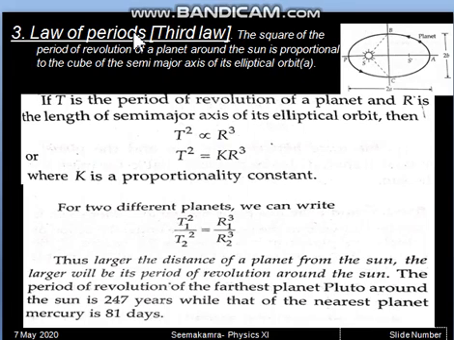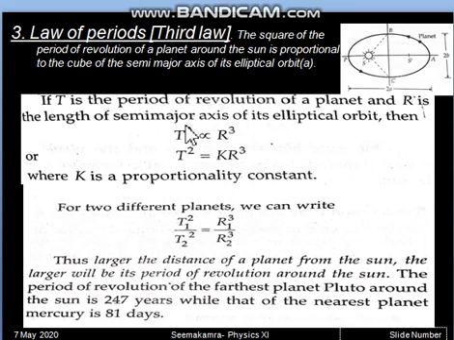Basically this law relates the time with the radius, or you can also say the bigger the radius of the elliptical orbit, the greater the time taken to complete one revolution. So they are connected with each other by this relation. T square is proportional to r cube. If we remove the proportional sign, then we always put an equal sign along with a constant. So k is the proportionality constant.